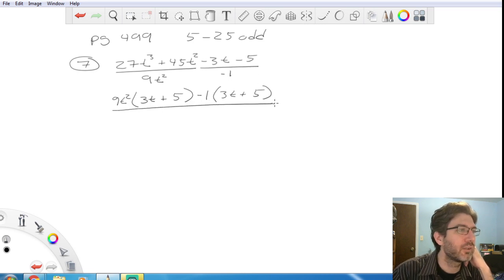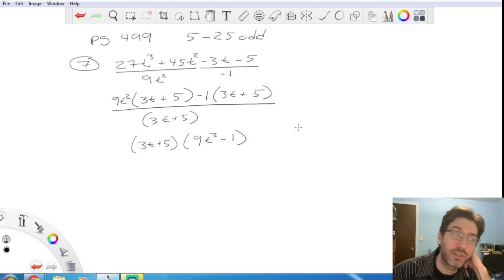Doing so, I can then look at this, and I can take out the 3t plus 5, and that leaves me with 3t plus 5 times whatever's left. 9t squared is left, and negative 1 is left.